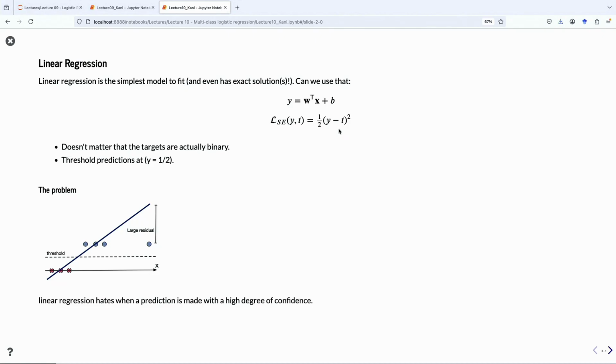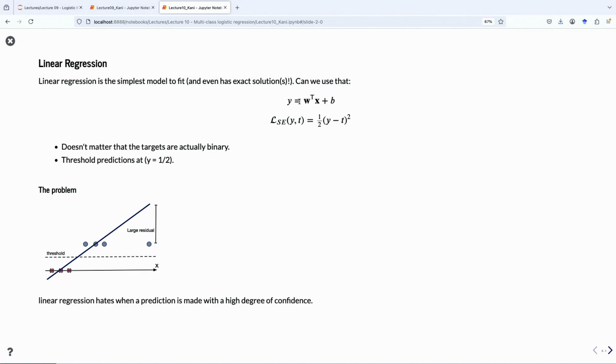So we want the loss function to be small when the model and the target are aligned, and big when the model and targets are not aligned. Then this will help us because we can minimize the loss function by changing the values of W. That's what we want.